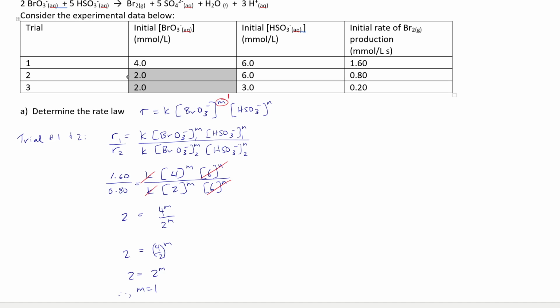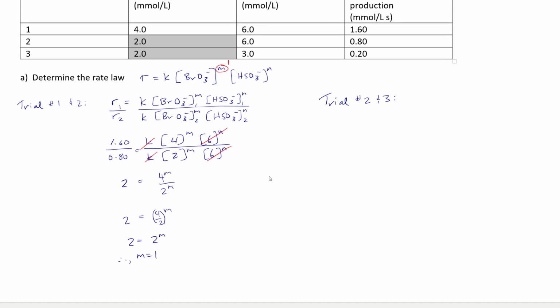And that's going to be trial 2 and trial 3. Okay, so I'll find trial 2 and 3. And now that you have seen how this works, I'm just going to go ahead and put rate 2 over rate 3. So 0.8 over 0.20.